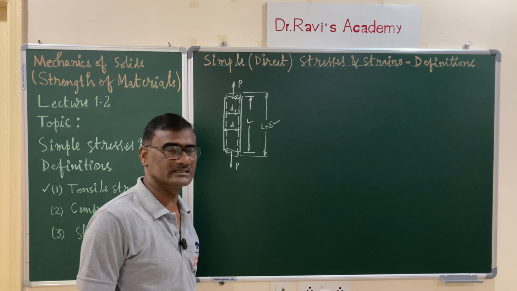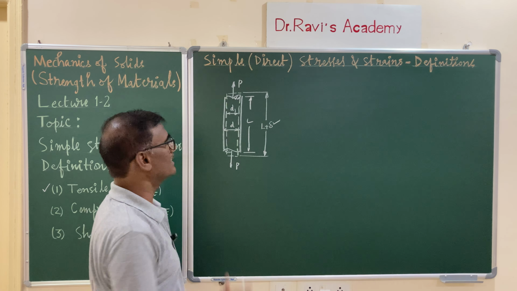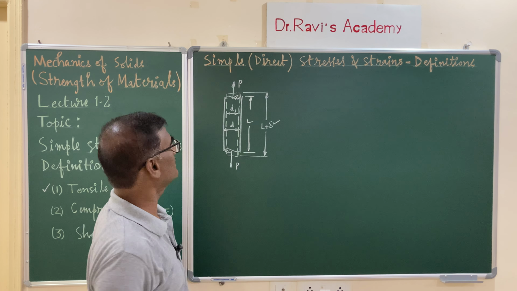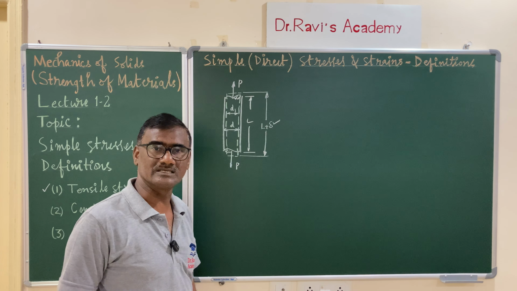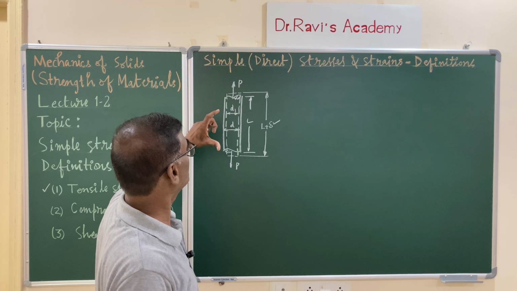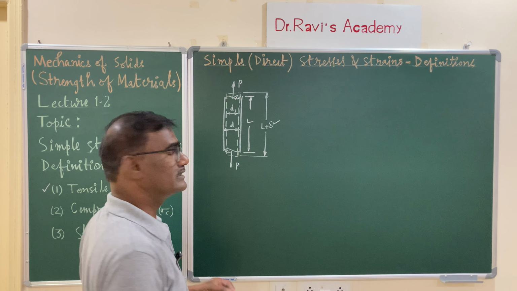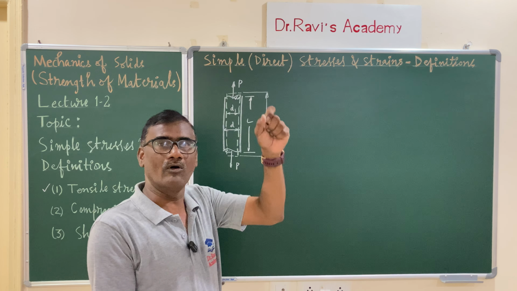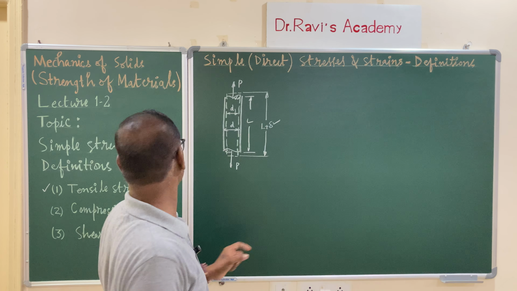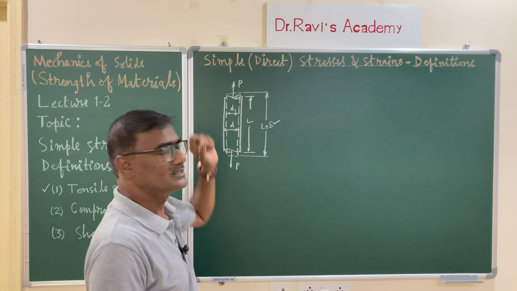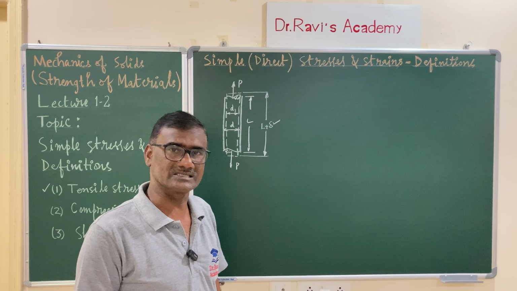D1 is the decrease in diameter, initial diameter is D. This is the given configuration when it is subjected to a load such that the length of the bar is extended. When the load leads to extension of the bar, such a load is called tensile load, and the stress developed in the material is called tensile stress.